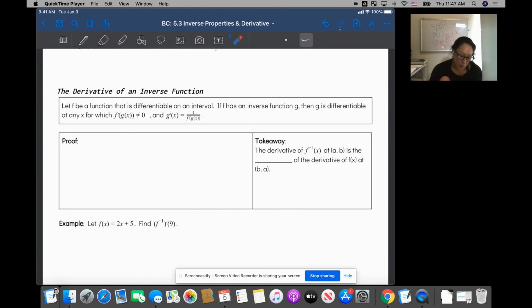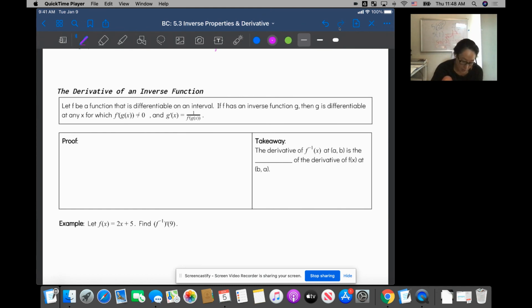So we know that g prime of x is equal to 1 over f prime of g of x. This looks really bad. I'm going to show you a quick way to do this, okay? So first I'm going to show you that this actually works.